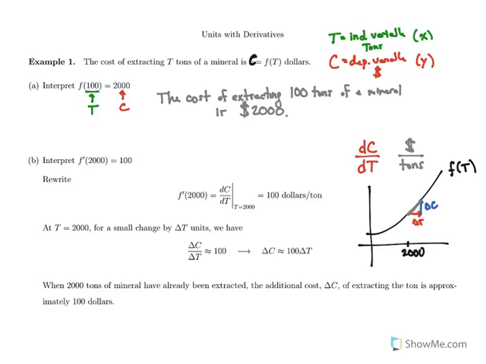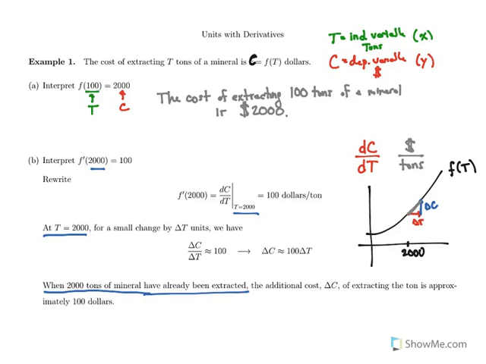Now, if we multiply delta T on both sides, we have delta C is about 100 delta T. So what does this mean? This says that when we have 2,000 tons of minerals, that's just saying that we are at T equals 2,000, so 2,000 tons of mineral have already been extracted.